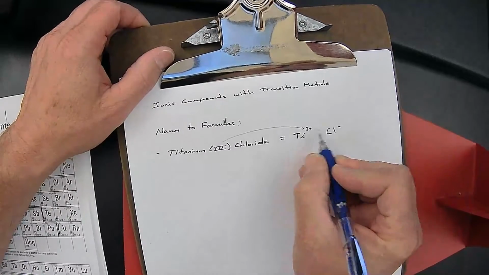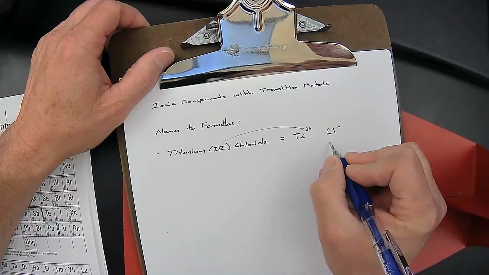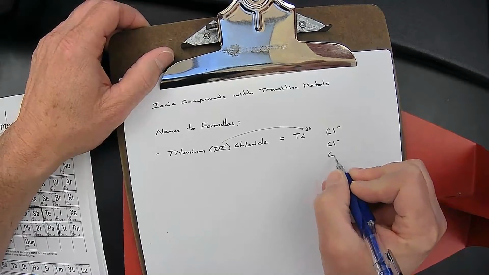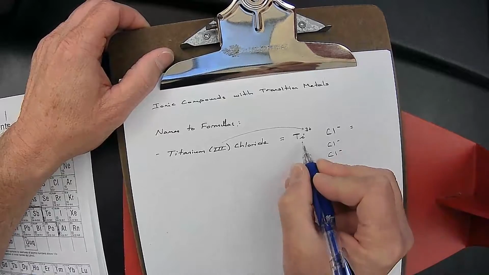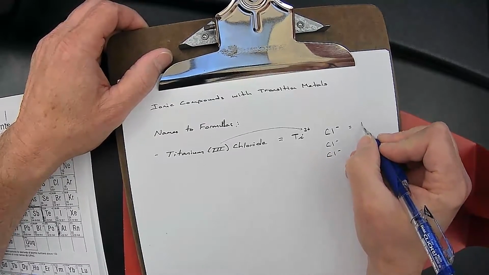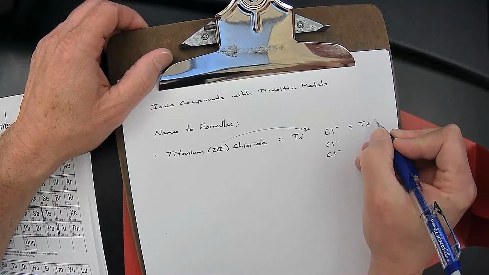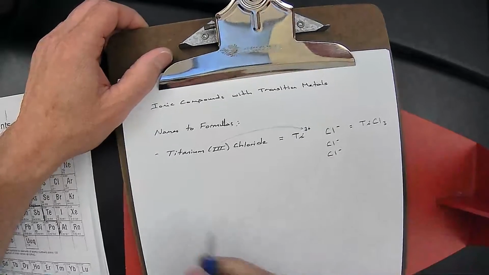So we see that the 3 plus and the 1 minus do not cancel. So we need two more 1 minuses. So the formula of titanium chloride would be TiCl3.